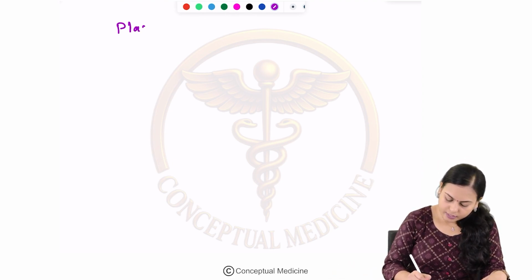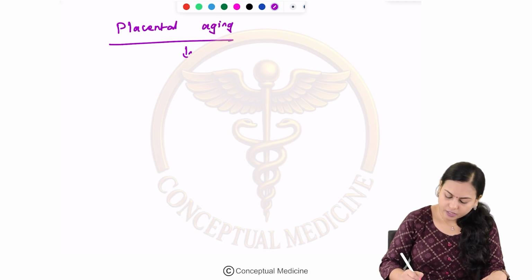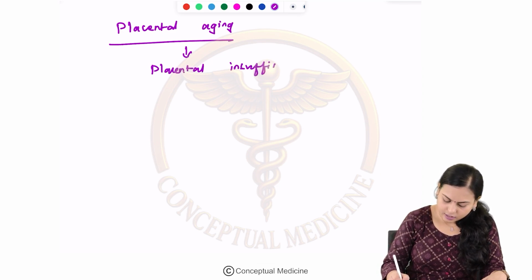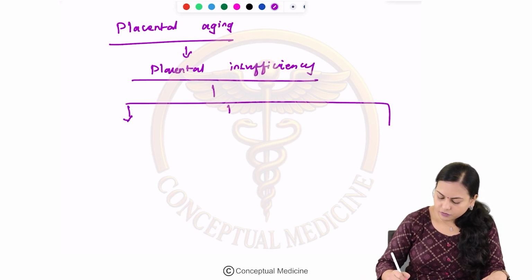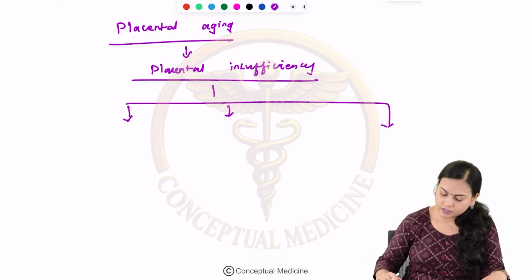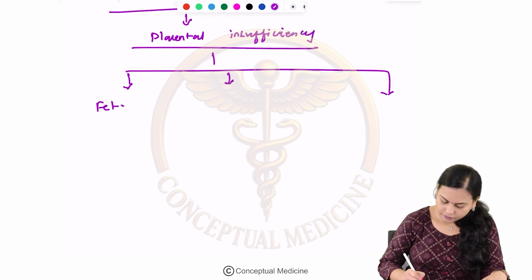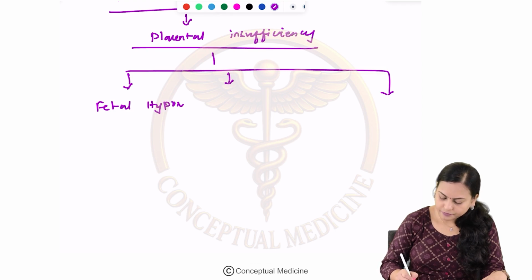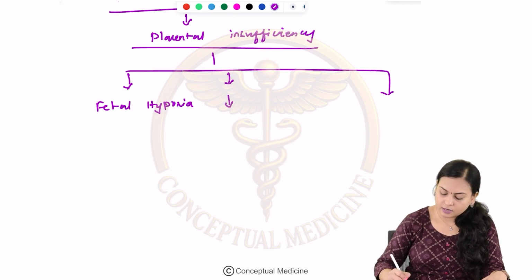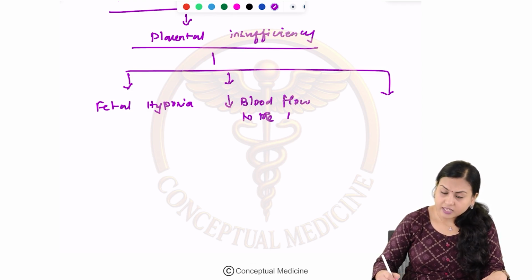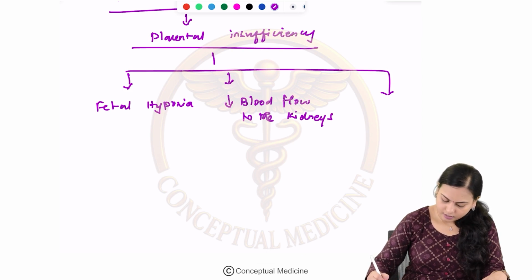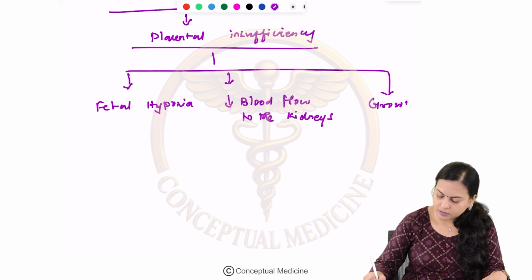There is placental aging that will lead to placental insufficiency, and when the blood flow, nutrients and oxygen supply are reduced, it is going to cause fetal hypoxia. There is also reduced blood flow to the kidneys and growth restriction.